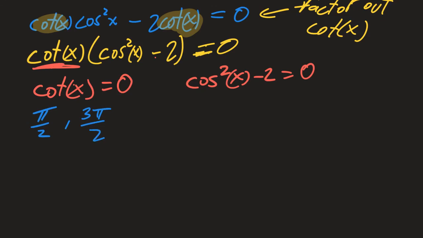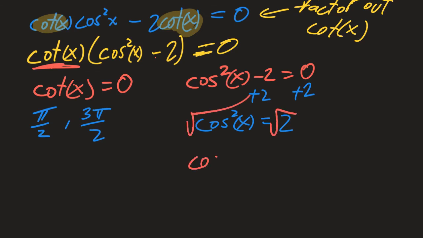Now let's take a look at cosine squared x minus 2. Let's simplify this down further. Let's move this 2 to the other side. Cosine squared of x equals 2. Now let's take the square root. If I square root each side, let's not forget about our plus and minus.